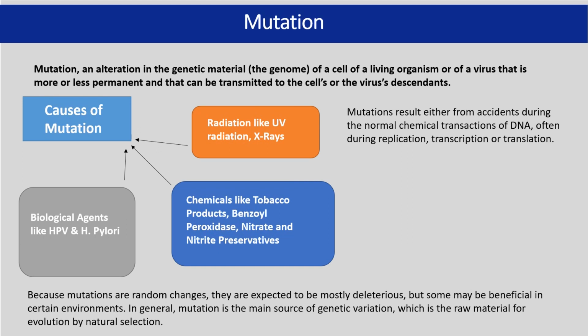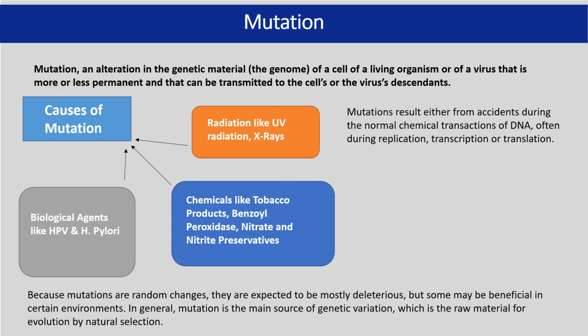Mutation is any alteration in the genetic material or the genome of a cell, or of a living organism. That is more or less permanent. That means it can be transient or it can pass to the next generation. There are different causes of mutation.